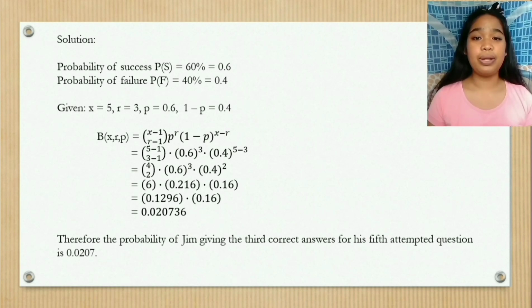Therefore, the probability of Jem giving the third correct answer on his fifth attempted question is 0.0207.